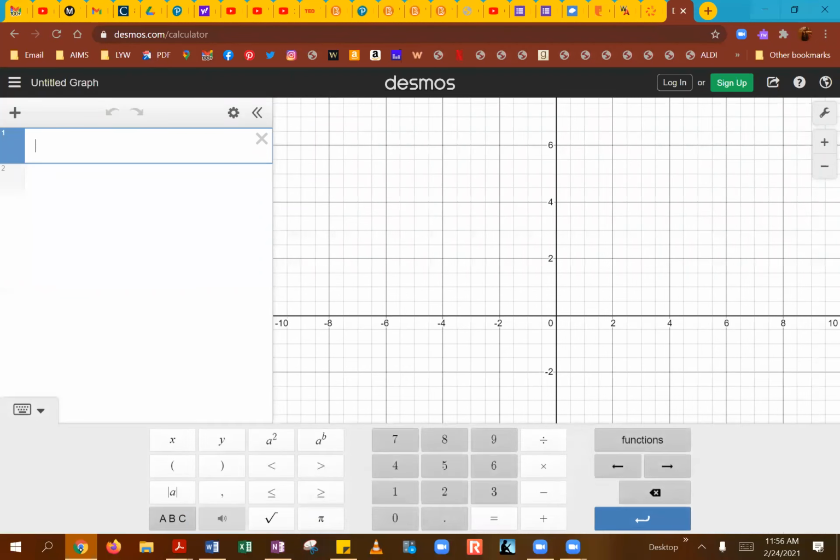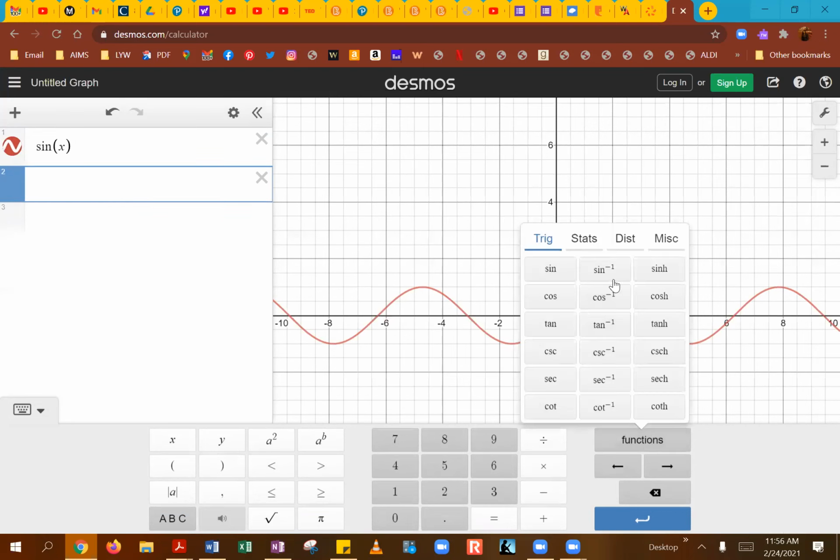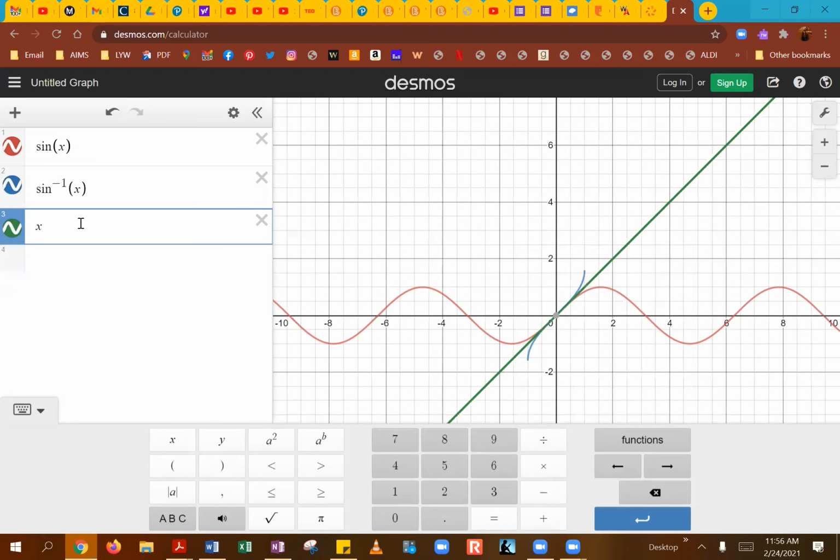With sine and cosine functions and their inverse functions, they are always reflections of each other with respect to the line y equals x. So if we think of this as our sine function, and here's our sine inverse function, I'm also going to graph the line y equals x.